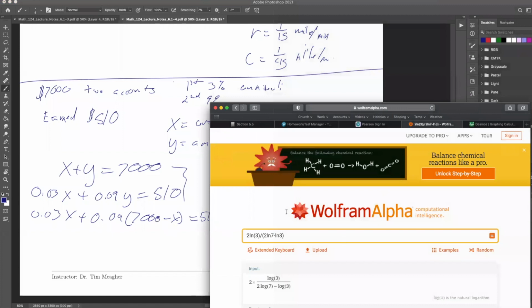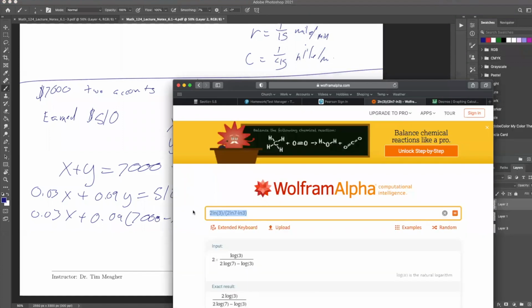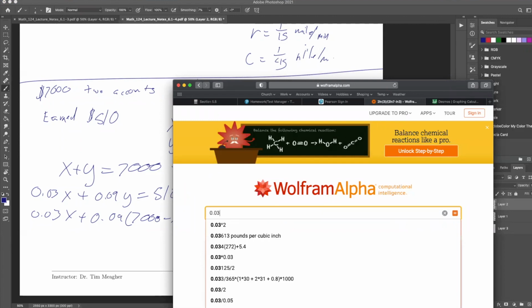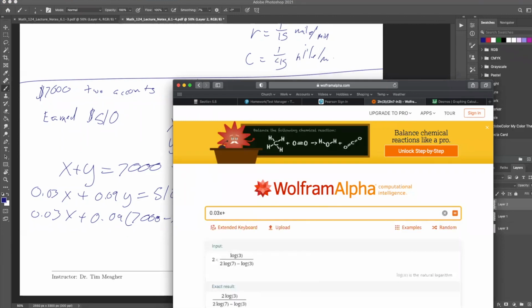Hi, Wolfram Alpha. We're no longer solving logic equations. And so here we just type in 0.03 times x plus 0.09 times 7,000 minus x equals 510.